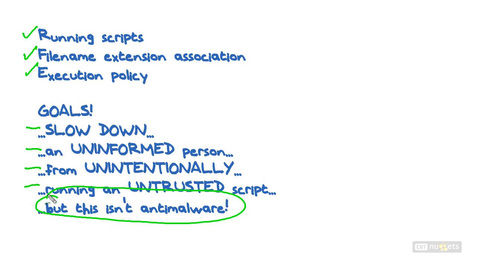Malware is intentional. Malware is on your machine. You're already owned. So PowerShell is not a security barrier. There's just some things in here to try and keep an uninformed person from accidentally damaging themselves. Everything else, if you're intentional, if you're doing something on purpose, PowerShell is not even going to try to stop you. Hopefully you see where all that plays together now.